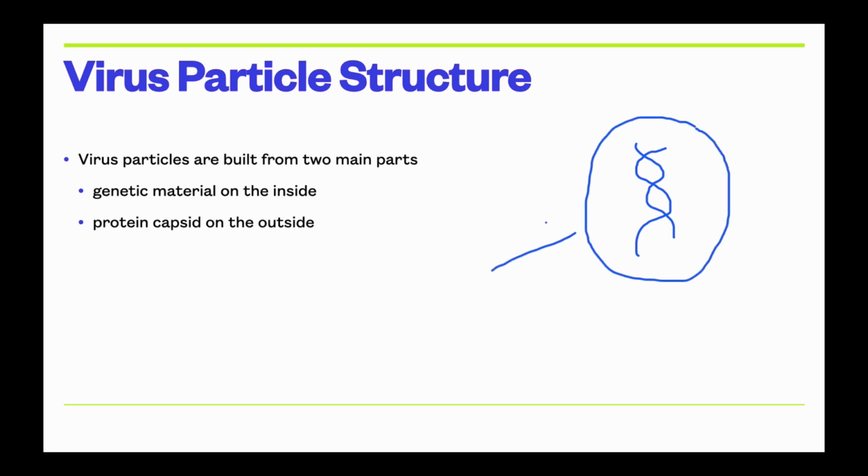And this material on the outside is what we call the capsid. Okay, so the capsid is the protein on the outside, and the genetic material is what's on the inside. So in this case, I've drawn a little piece of DNA. So I think you guys get what I'm trying to draw here.